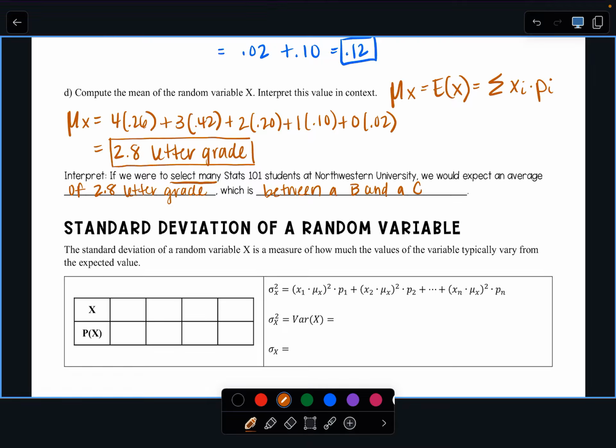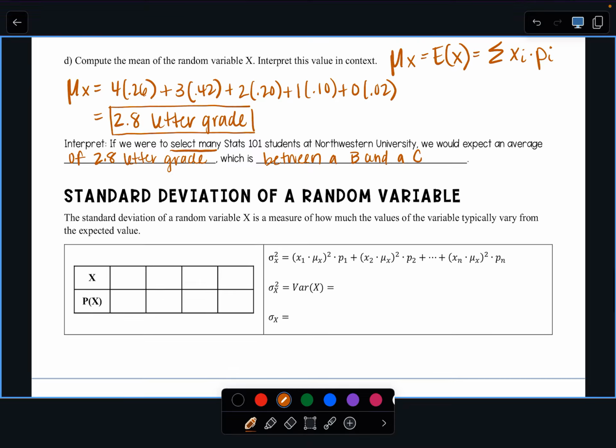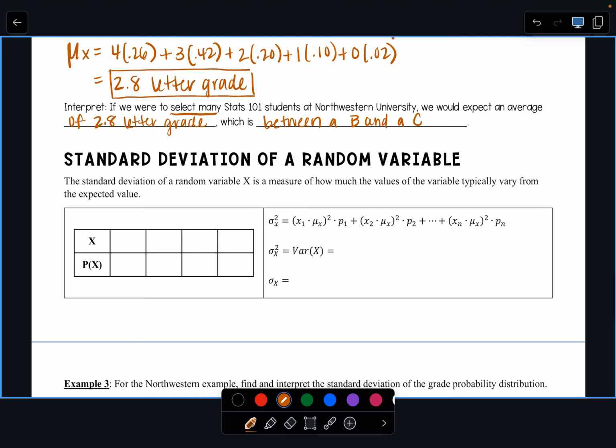Now, the last thing we're going to talk about today is standard deviation. Standard deviation is typically one of those where I say the calculator is usually better. For doing it in terms of a random variable, it's not the worst thing. We're actually going to do it by hand because I kind of want to make a note about questioning for that.